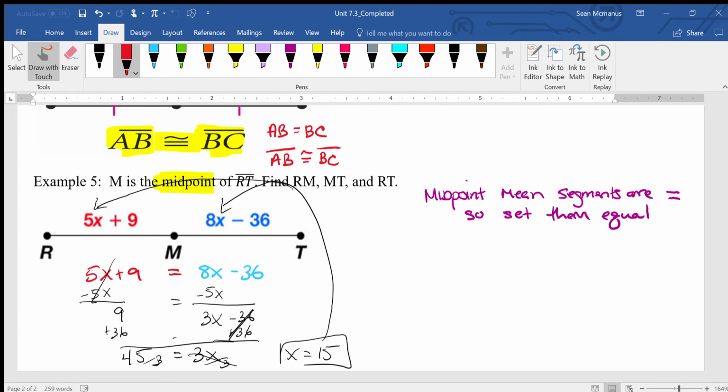So RM, the length of RM was 5x plus 9. X is 15, so 5 times 15 plus 9. 5 times 15, 5 times 10 is 50, plus 5 times 5 is 25. So 75 plus 9 is 84. And that was the length of RM.